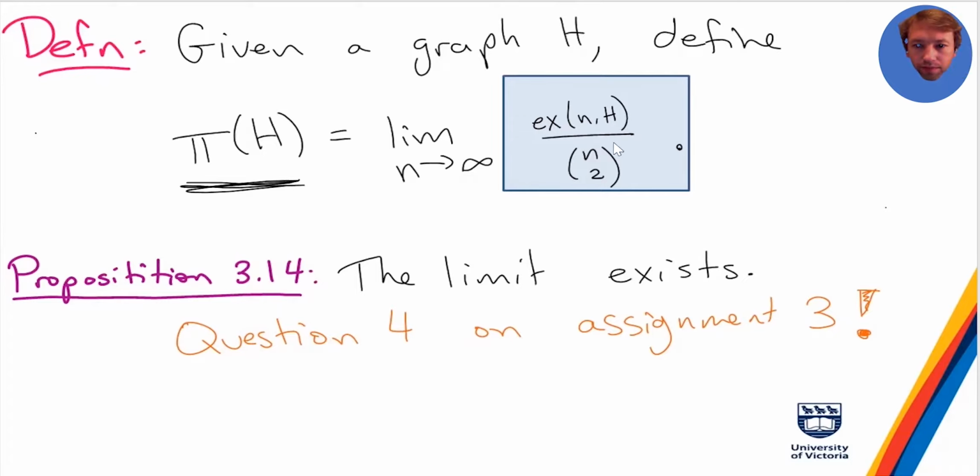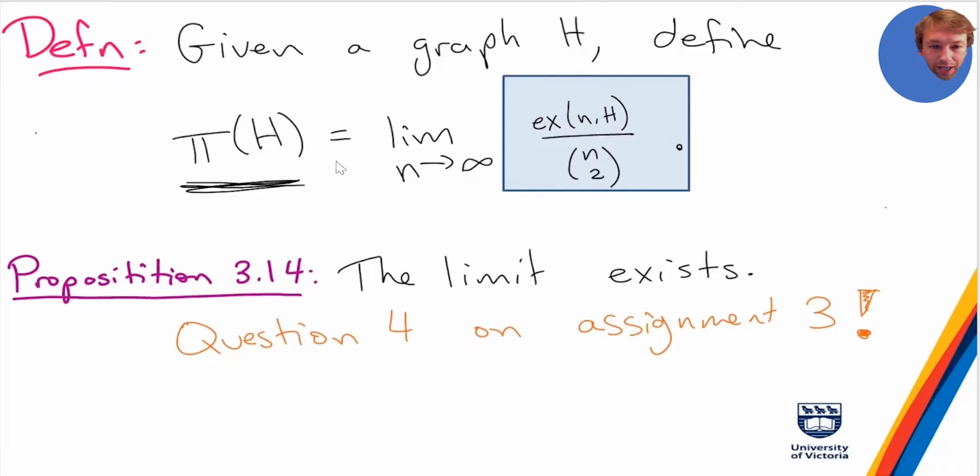Ex(n, H) is the maximum number of edges you can have in a graph on n vertices that doesn't have a copy of H, and n choose 2 is just the total number of possible edges on n vertices, the number of edges in the complete graph.